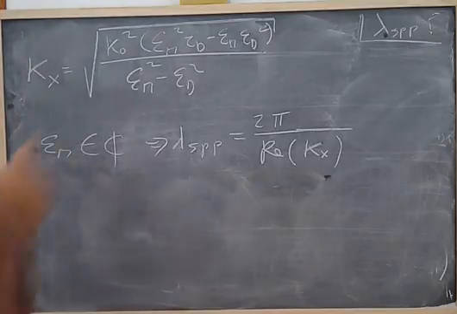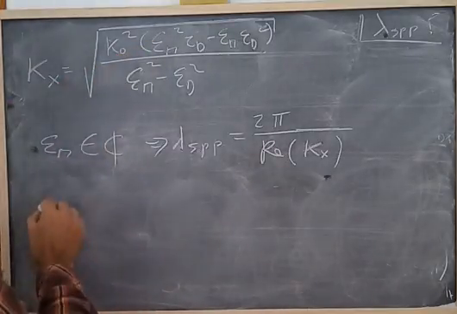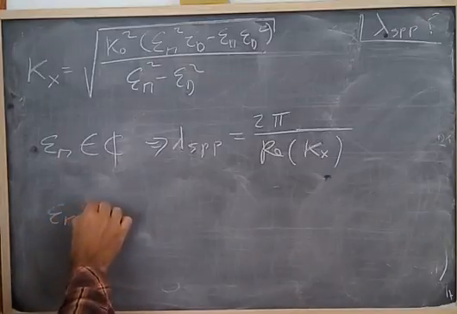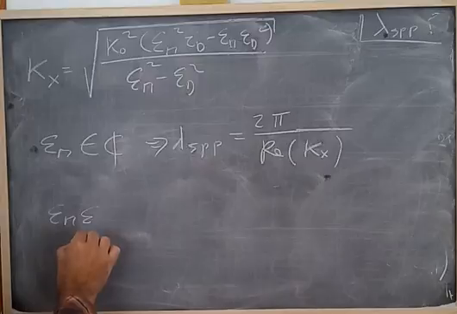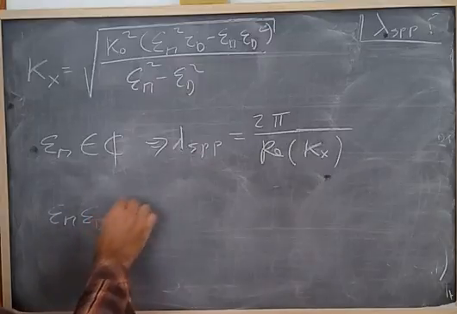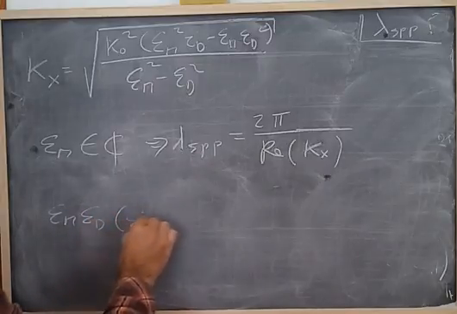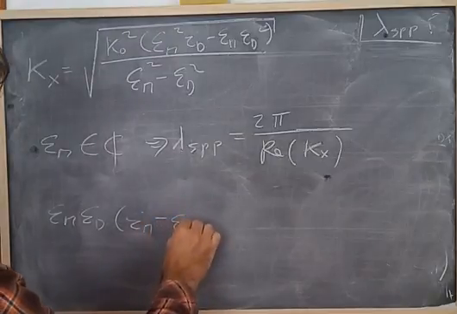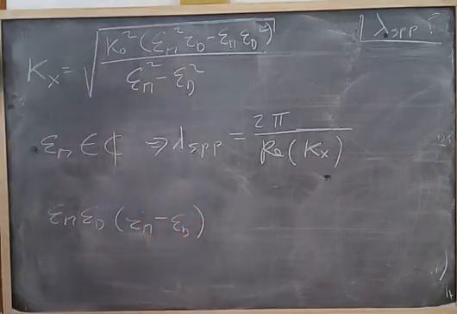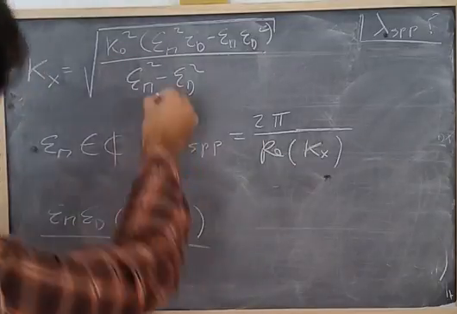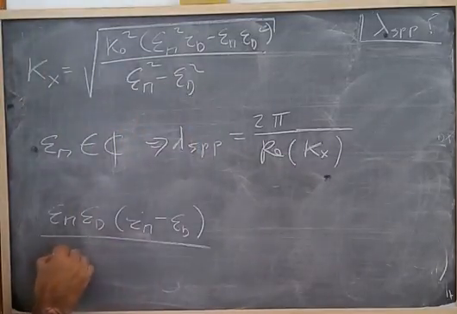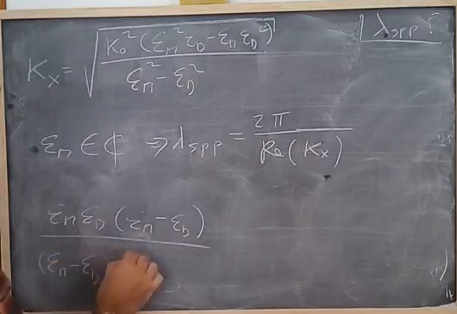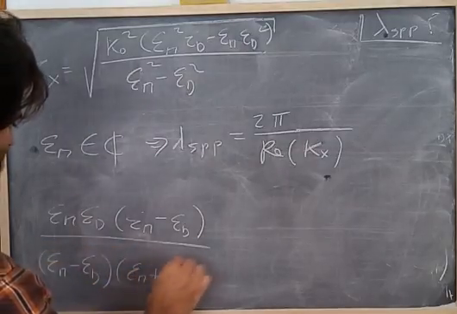How to simplify this expression? We can write epsilon m epsilon dielectric by epsilon m minus epsilon d, and this term can be written like epsilon m minus epsilon d by epsilon m plus epsilon d.